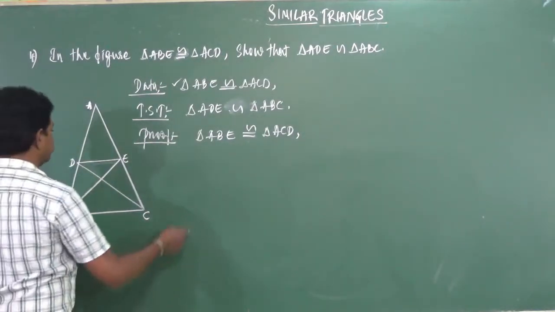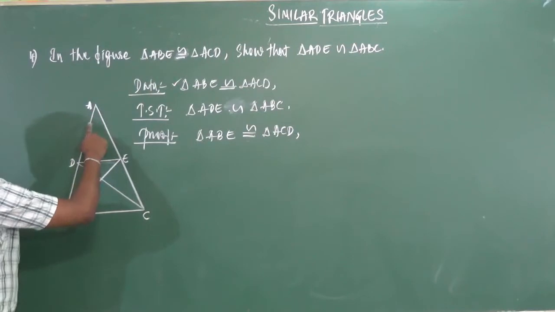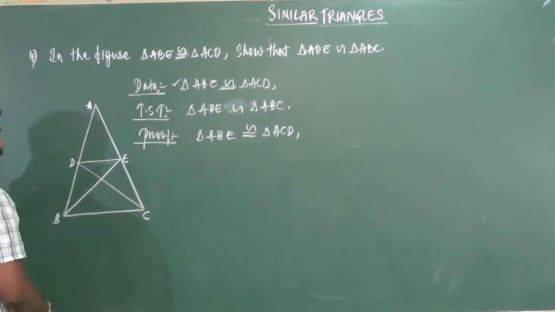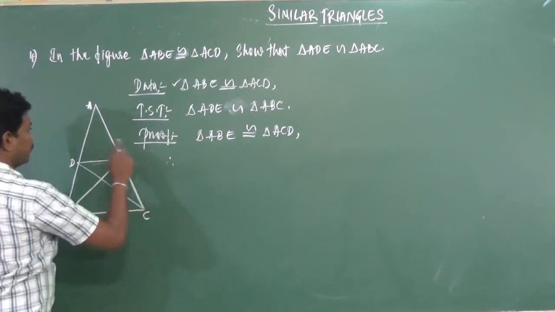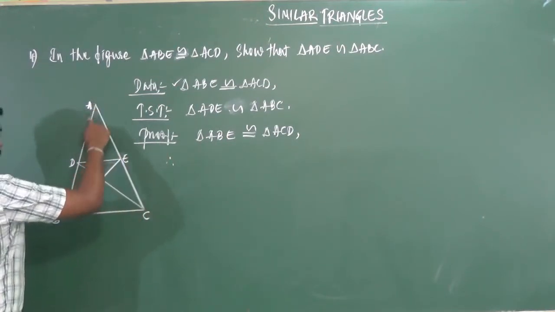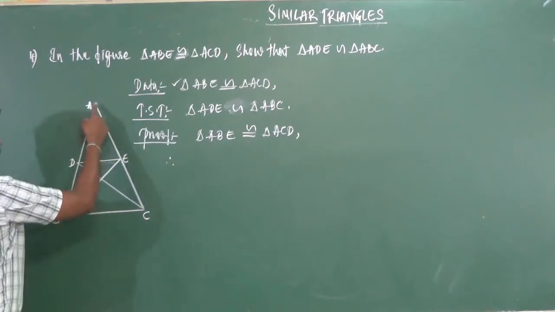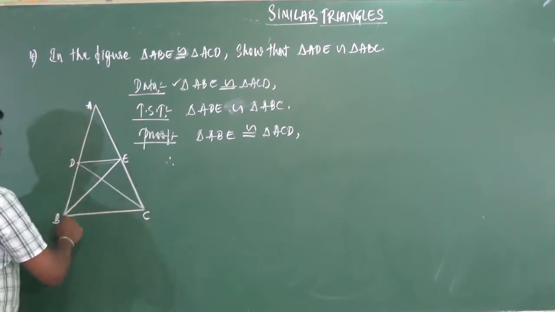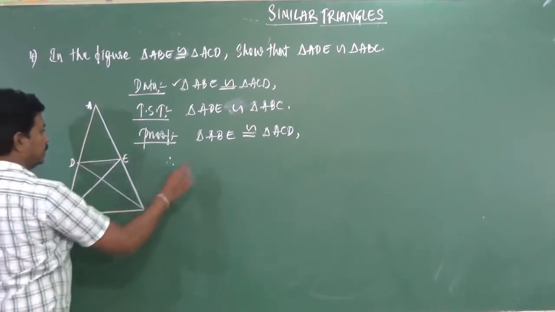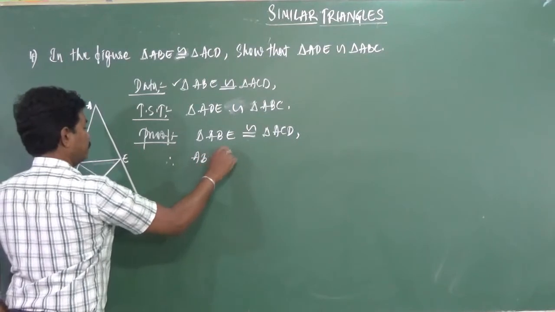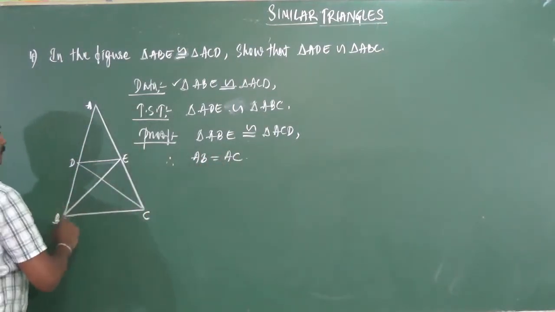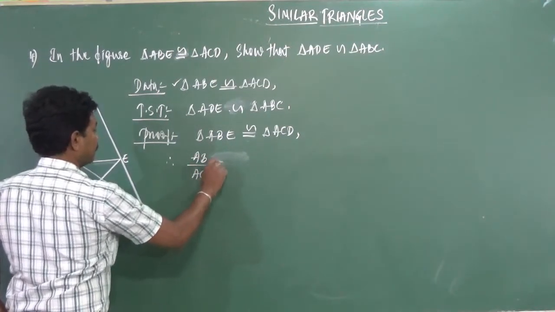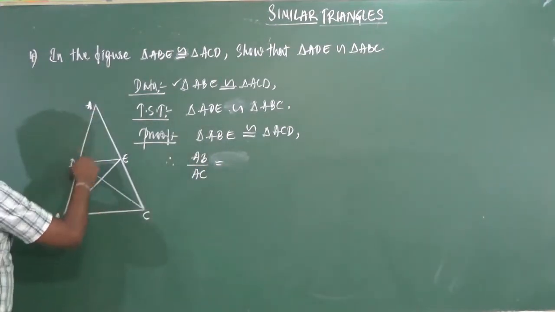So based on that, we identify the triangles, triangle ABE and triangle ADC. These two triangles are congruent. Therefore, AB will be equal to AC, or AB by AC will be equal to AD by AE.